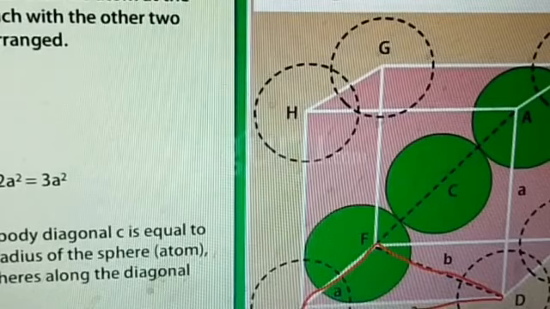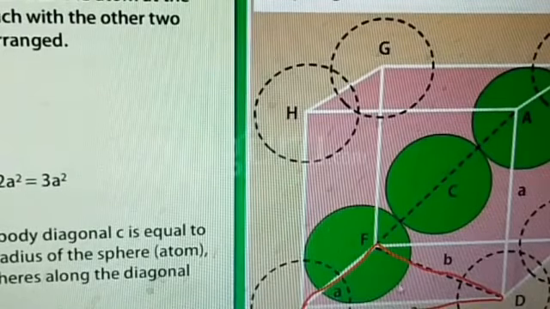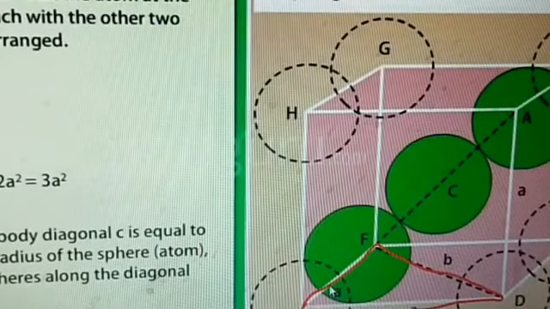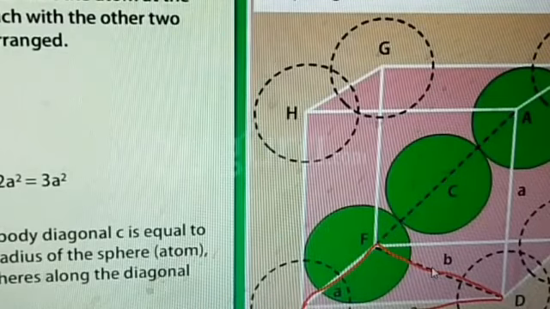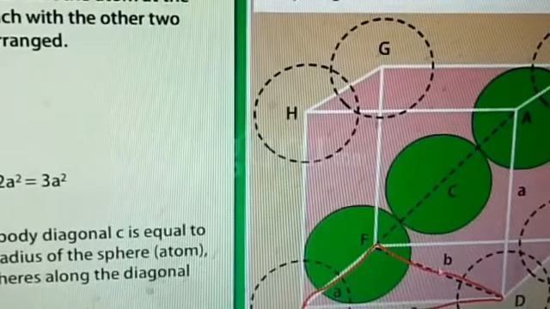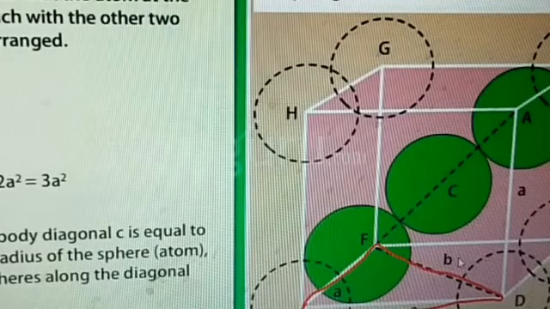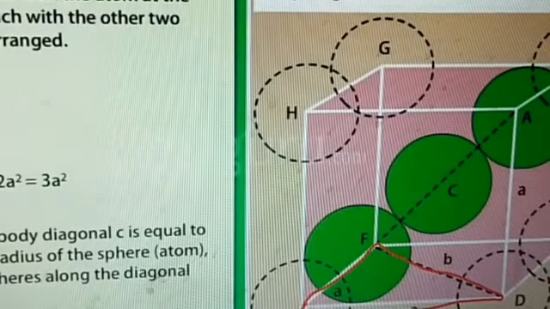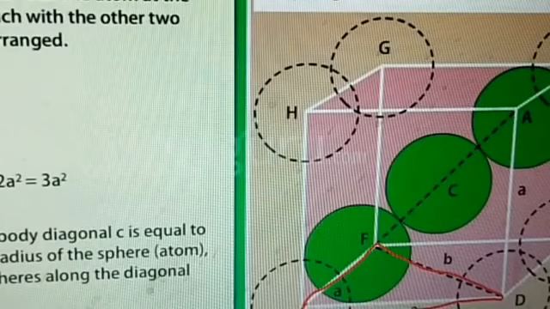In this triangle EFD, B square is equal to A square plus A square. Why? Because it is a right angle triangle. Here we have the right angle. So in a right angle triangle, according to the Pythagoras theorem, hypotenuse square is equal to side square plus side square. It becomes the hypotenuse as it is opposite to the right angle. So B square is equal to A square plus A square, so 2A square. Then B is equal to root 2A.